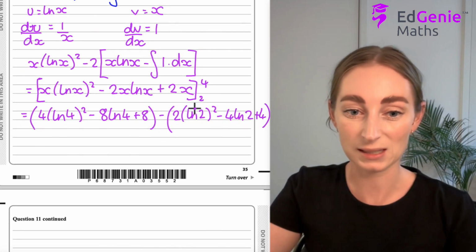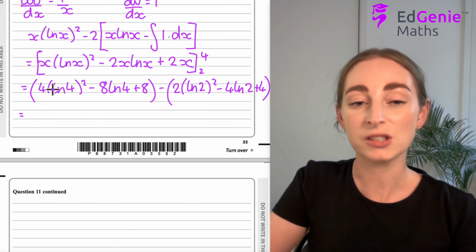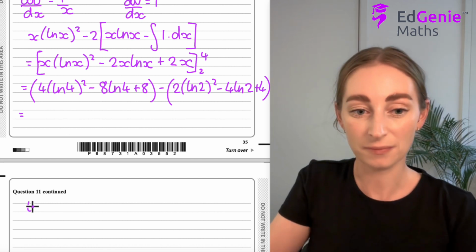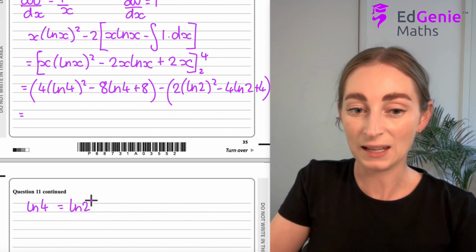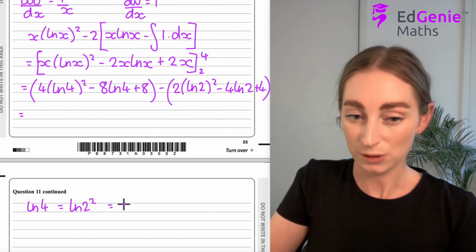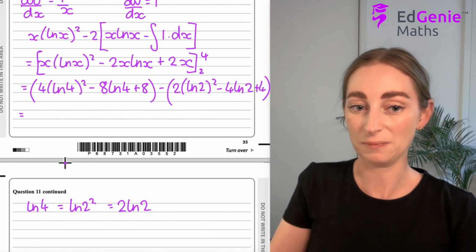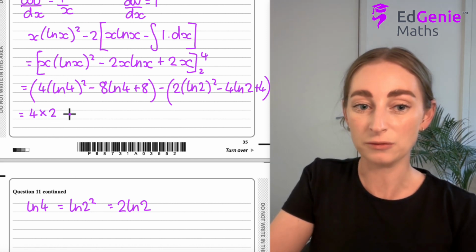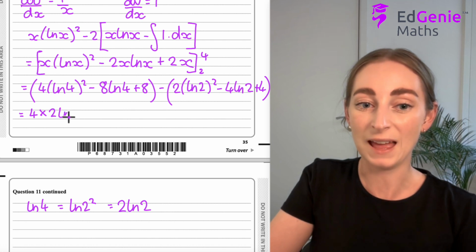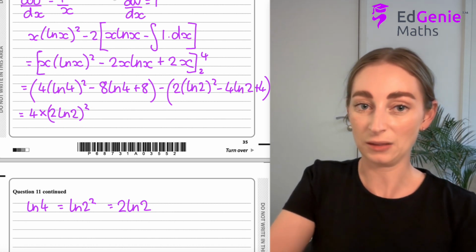Just enough space. Now let's simplify this down. So ln 4, let me just show you this, is the same as ln 2 squared, which is the same as 2 ln 2. So we can rewrite this as 4 lots of 2 and then ln 2 squared, like that.